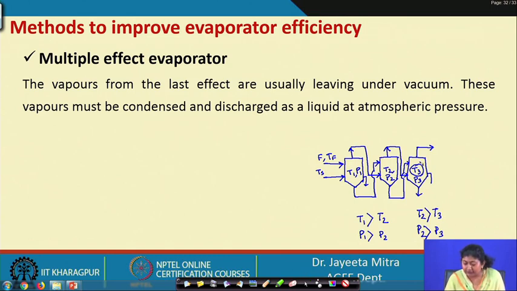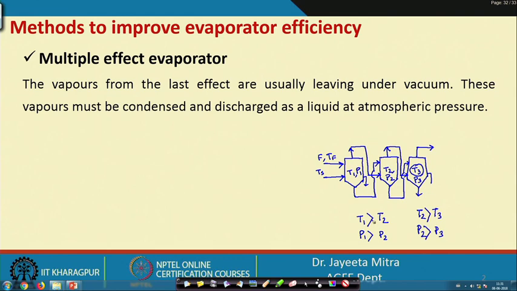So, definitely the vapor that is coming out from the last effect will be at a vacuum, because P1, which was our atmospheric pressure, is higher than P2 and P3. So, except the first one, the other two effects must operate under vacuum.